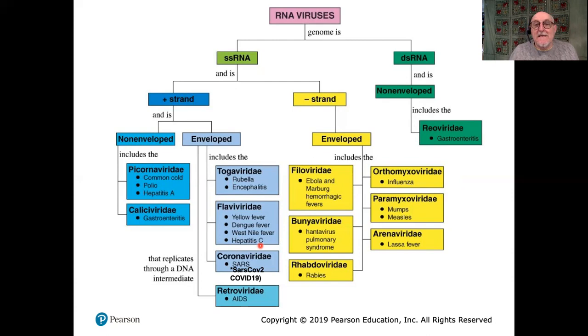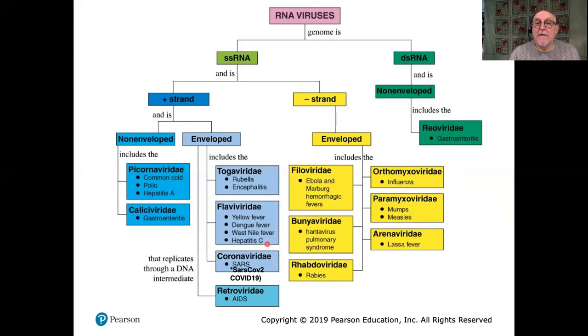Hepatitis C is not very contagious, and it is generally acquired through intimate contact, either sexual contact or especially through transfer of blood products. If people are sharing needles, for example, hepatitis C is easily spread.